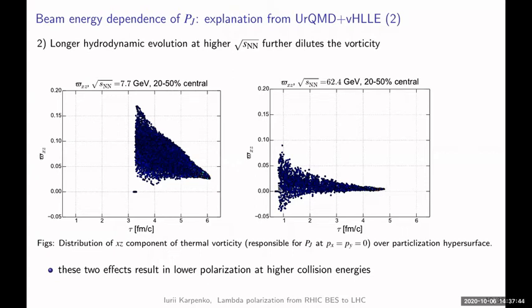So it had more time to dilute the initial vorticity which existed initially or early, towards a very small value. And that basically explains the rather strong decrease of polarization from low energies to high energies. So that's the explanation from UrQMD plus vHLLE.